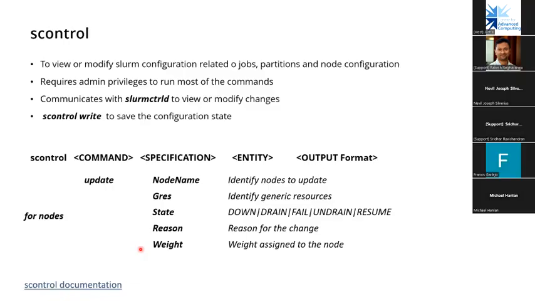Like if there is nothing else and there is only one job coming in, SLURM uses weights assigned to each of these nodes to say where the jobs will run first.